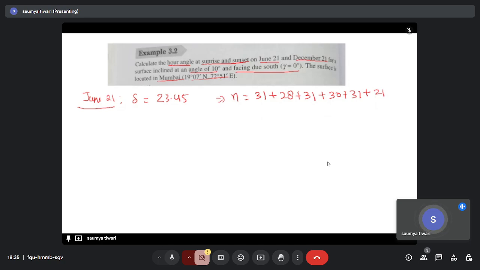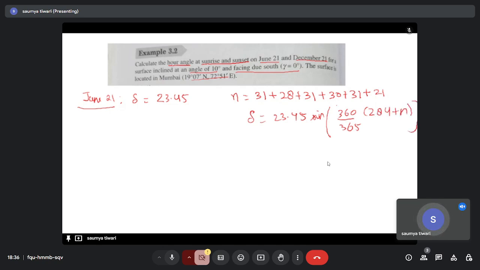Then you can calculate the declination angle by this formula: 23.45 sine of 360 by 365 times (284 plus n), right?